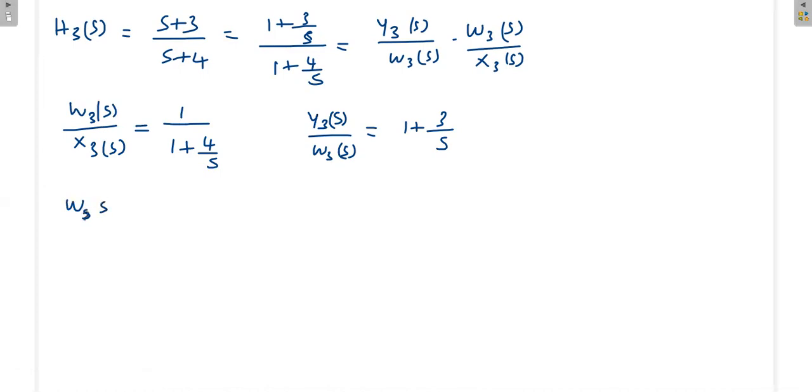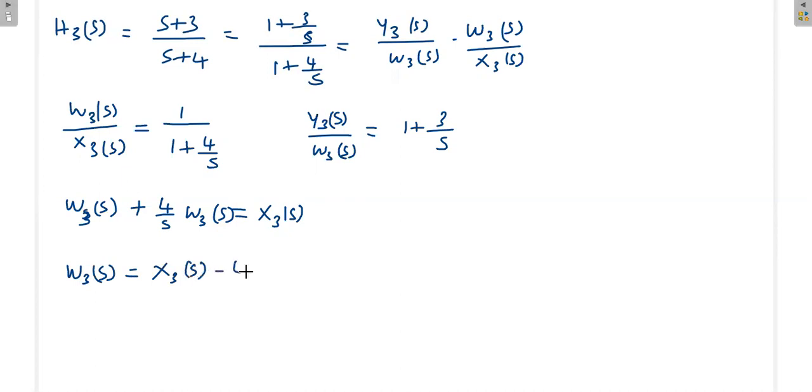W3(s) plus 4 by s W3(s) is equal to X3(s), but we need W3(s). W3(s) is equal to X3(s) minus 4 by s W3(s).